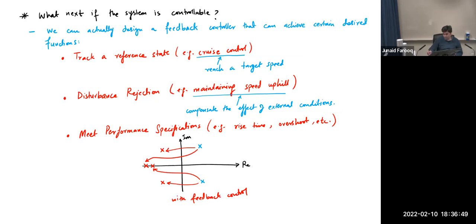Remember, if you place the poles here, your response will have some oscillations and will reach a certain state, could be the zero state or whatever state. If your poles are in conjugate pairs, you will have this type of behavior.